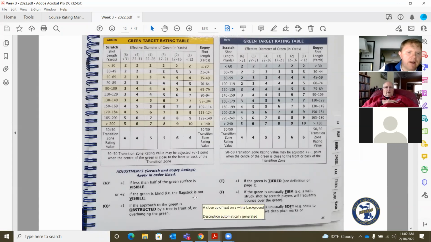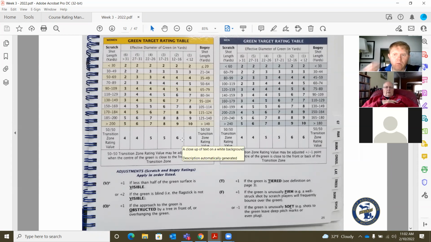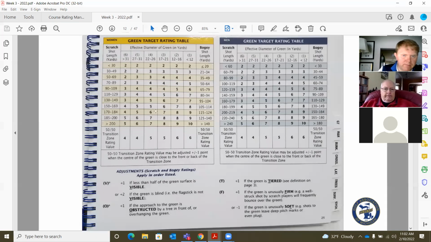When you see that on your sheet, 9 times out of 10, you're going to put this value down. We will cover transition zone at a different time because it's a complicated topic. But 9 times out of 10, if you see that TZ on your Form 1, you're going to go to this value here from the chart and throw it in there for your green target.